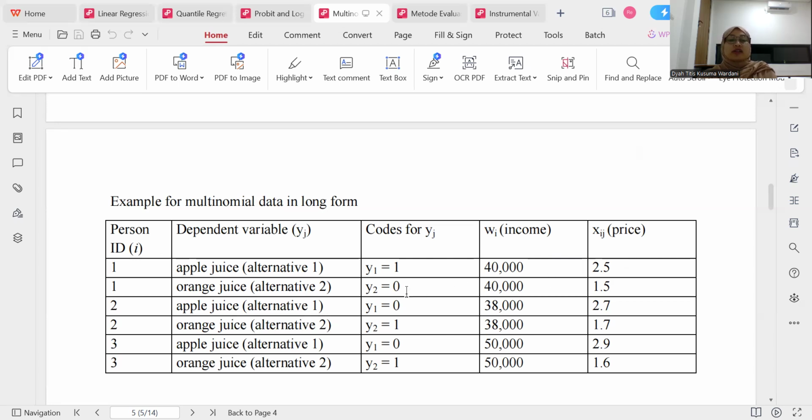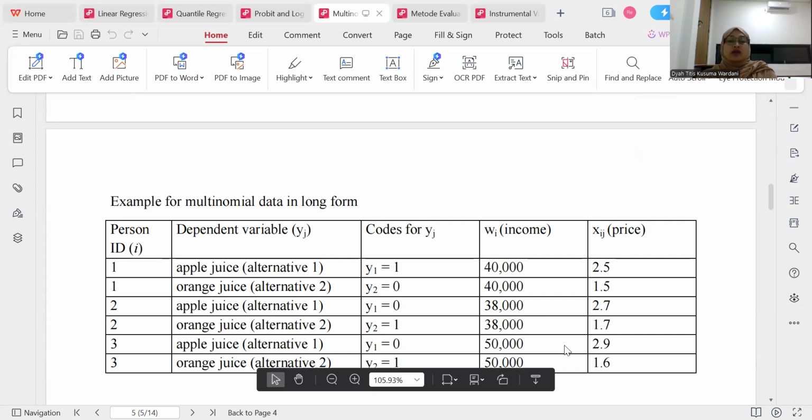For orange juice, alternative 2, y2 equal to 0, with income 40,000 and xij, the price, is 1.5. And also for the second individual, alternative 1, y1 equal to 0, with income 38,000 and the price xij is 2.7, and so on.